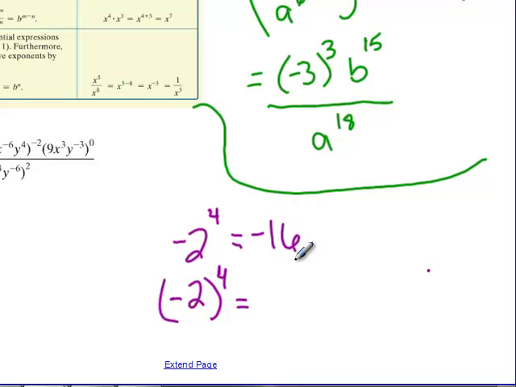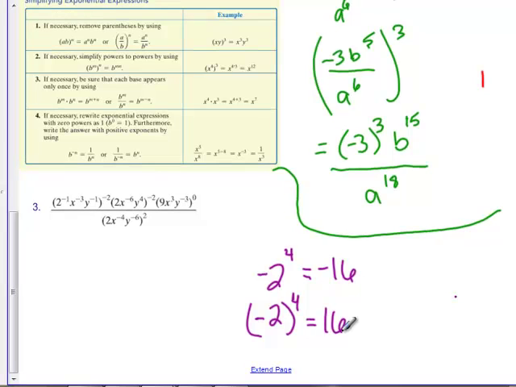On the bottom, it's saying negative 2 times negative 2 times negative 2 times negative 2. You end up with 4 negatives, which gives you a positive, so that's going to give you a positive 16. That's part of the reason I was making a big deal about the parentheses. Even though it was an odd number so it didn't matter, if it had been an even exponent, it would have. Is that okay?